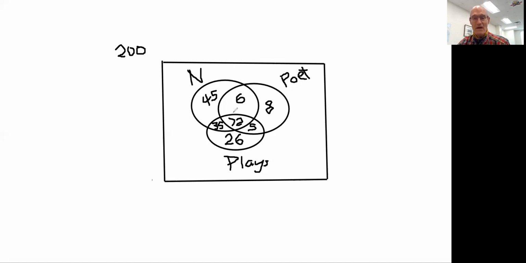So now, if you add all these up, say we've got 35 and 5 is 40 here. We're going to add the plays circle. So we got 40 plus 98, that's the total in the plays circle. And then we add the 8 and the 6 across here, which makes 14.